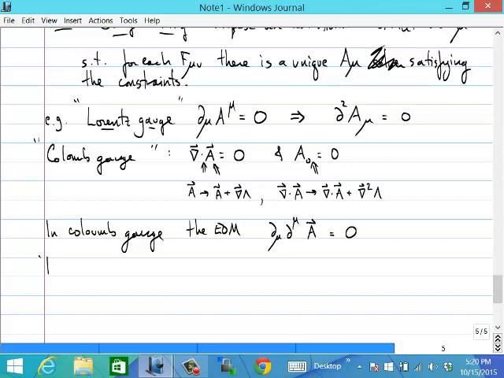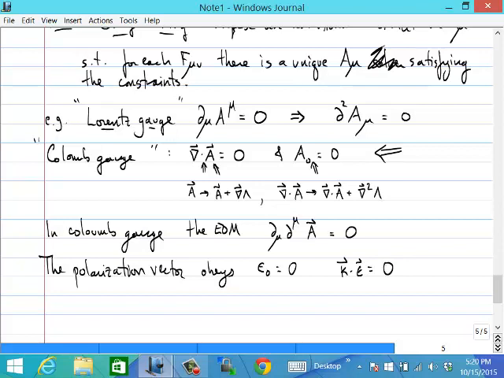And the polarization vector has to obey these two gauge conditions, which means in momentum space that epsilon 0 is equal to 0, and k dot epsilon is equal to 0.